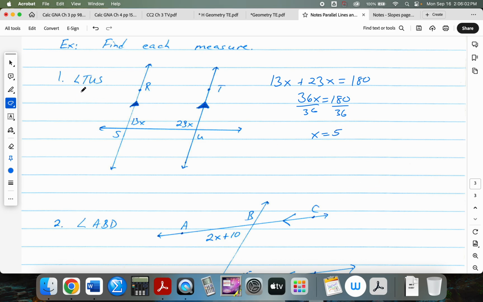Notice they didn't ask me for x, though. They asked me for the measure of angle TUS. So the measure of angle TUS, that's this angle right here, is 23 times x, so that's 23 times 5, is 115 degrees.